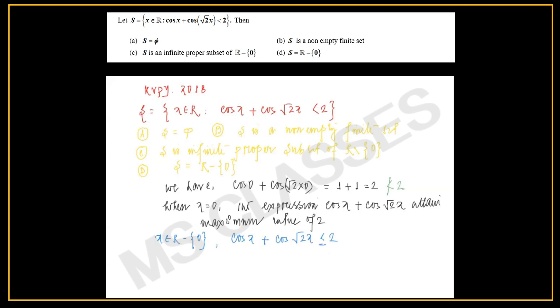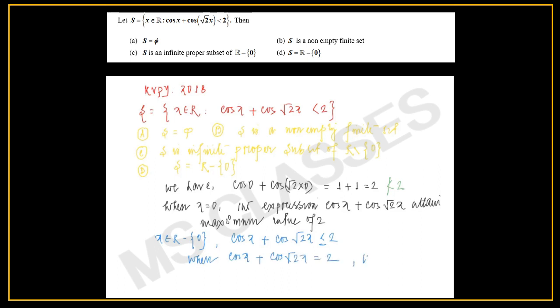If we consider the inequation with the equality, the possibility is when cos x plus cos root 2x equals 2.